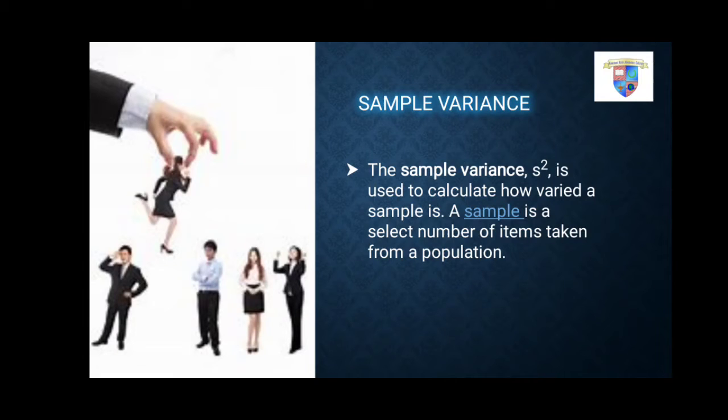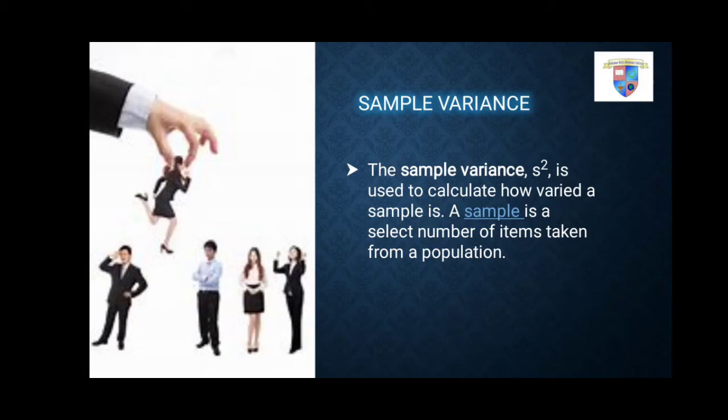The sample variance is represented by S squared. It is used to calculate how varied a sample is, and a sample is a select number of items taken from a population. So it says here that a sample is only selected in a population.